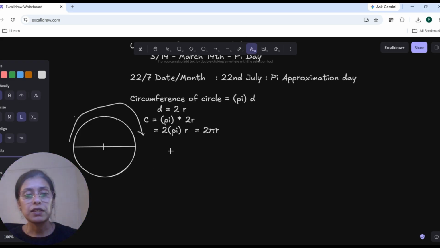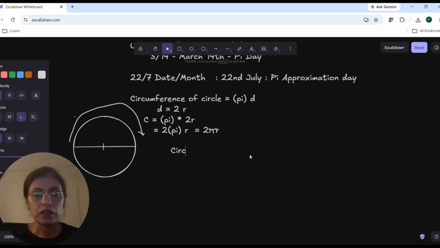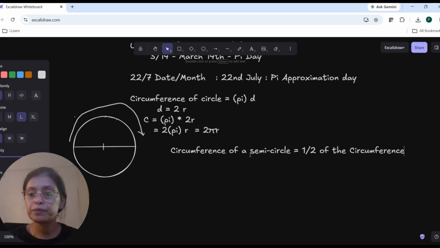So this means the circumference of a semicircle will be half of the circumference of the circle, right?